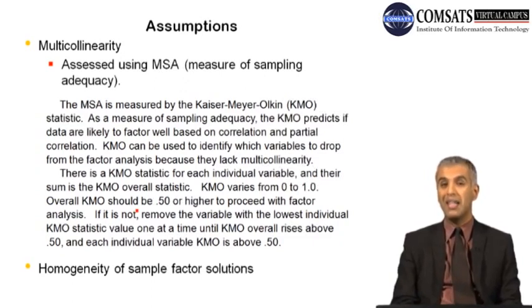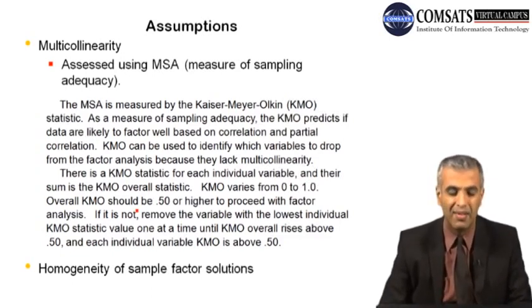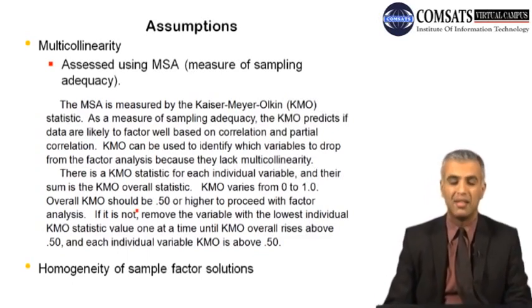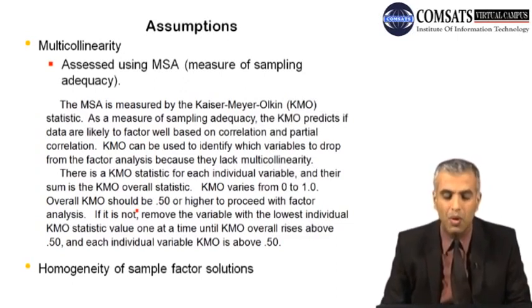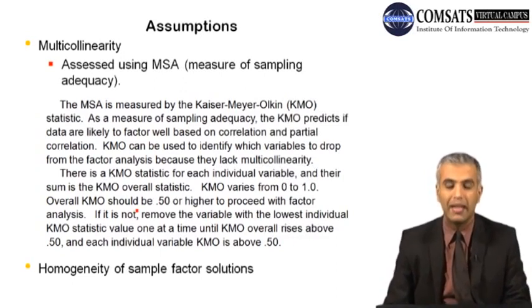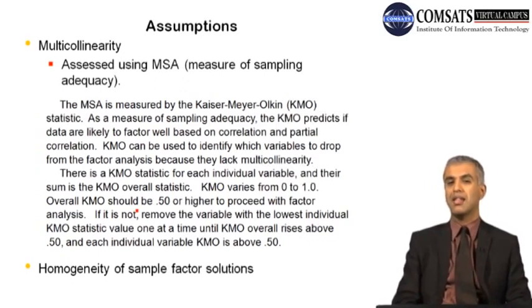The more highly interrelated these variables are, the more chance of multicollinearity there is. Now this multicollinearity is assessed using a tool called MSA, or measure of sampling adequacy.